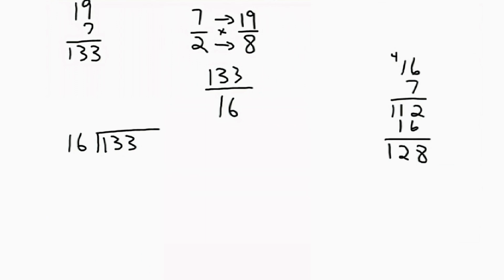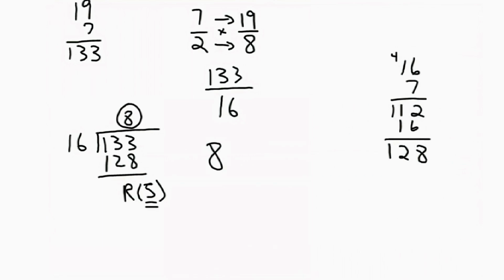So we can divide 16 into 133 8 times, and 8 times 16 is 128. Now 133 minus 128, we have a remainder of 5. So 133 over 16 as a mixed fraction will be 8, and the remainder 5 over our original denominator, which was 16.